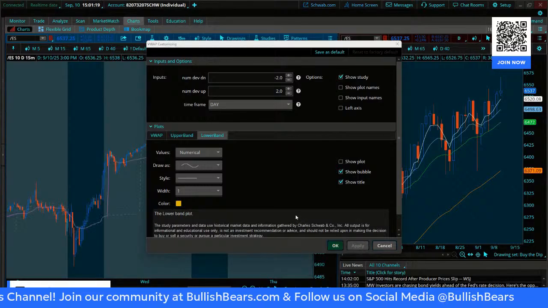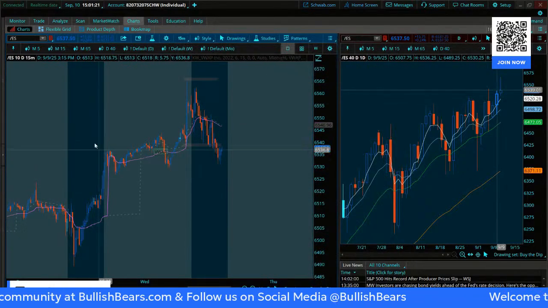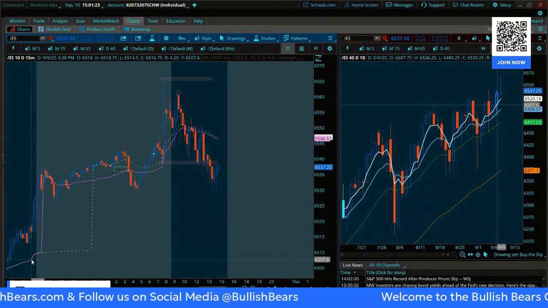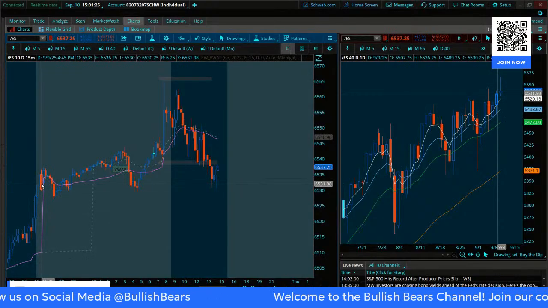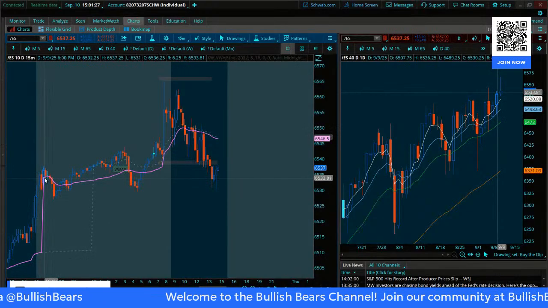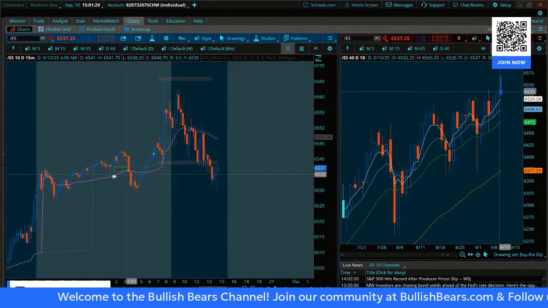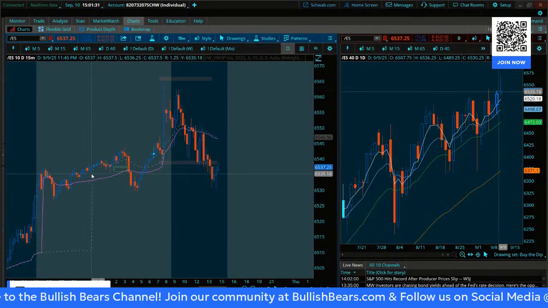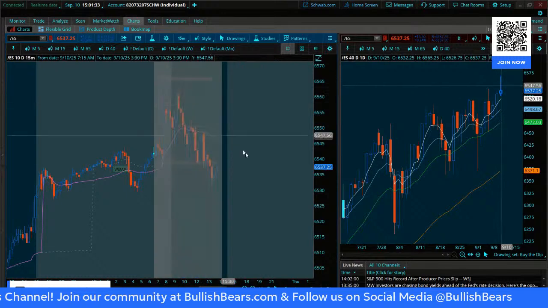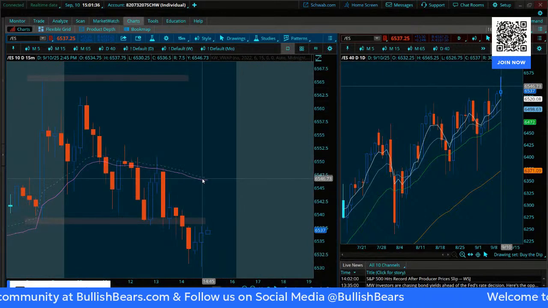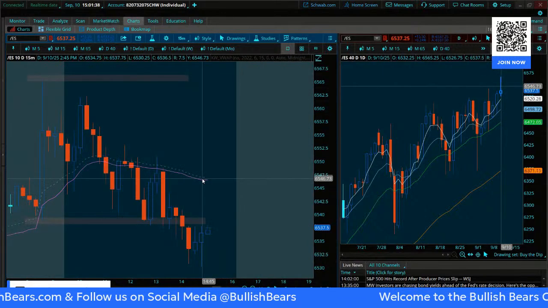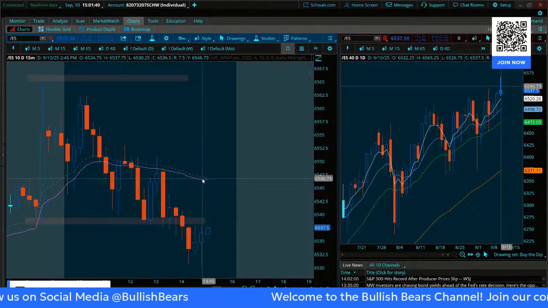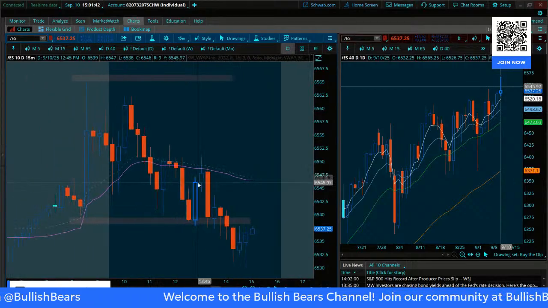I do not like VWAP bands. All right, so the purple line is the 6 p.m. VWAP, and you can see how it shot up at 6 o'clock. The market opened in the Globex, and that's where it was. Mine shot up at midnight, and that's where it was. But look, they're almost the same now. But in the Globex, which is where I do the bulk of my trading, they're completely different.